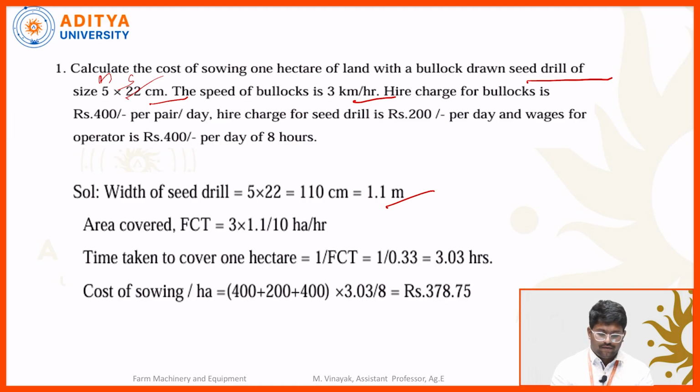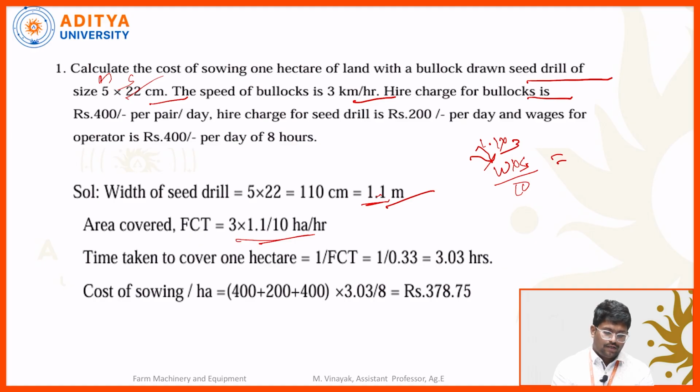Field capacity is W into S by 10, where W is the width of the seed drill, 1.1 meter, and S is the speed, 3. So we can get the field capacity of this bullock drawn seed drill.